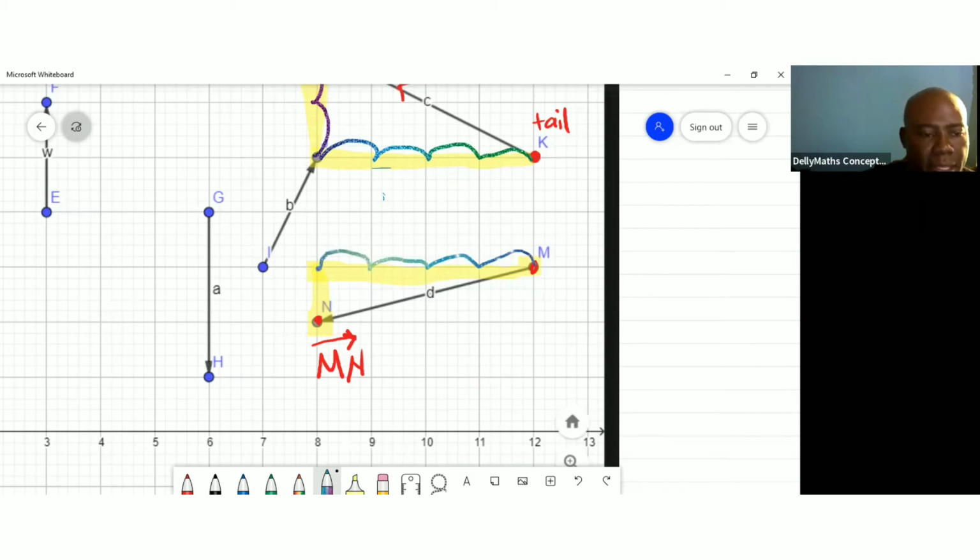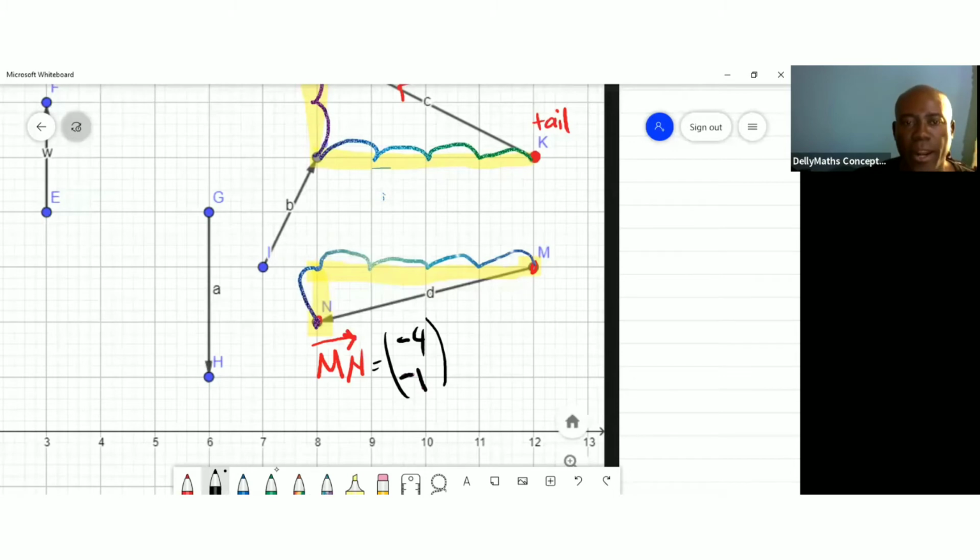That means that this is a -4 because we're moving 4 units to the left. And then we're going to come down 1 time and we reach there. So this is a -1. So the components of that vector are -4, -1. So MN is -4, -1.